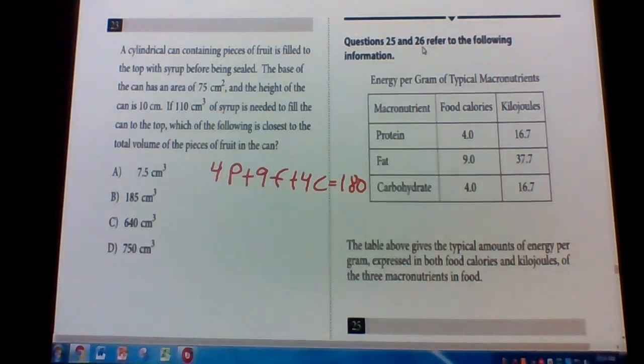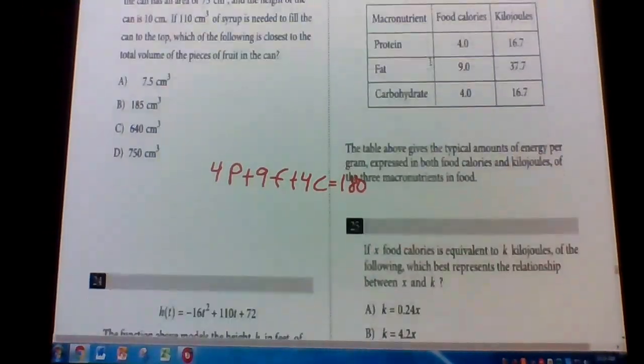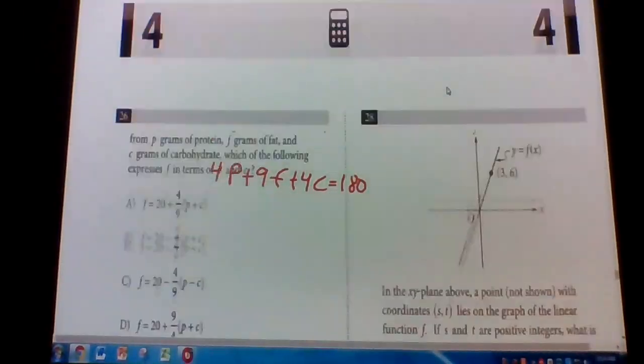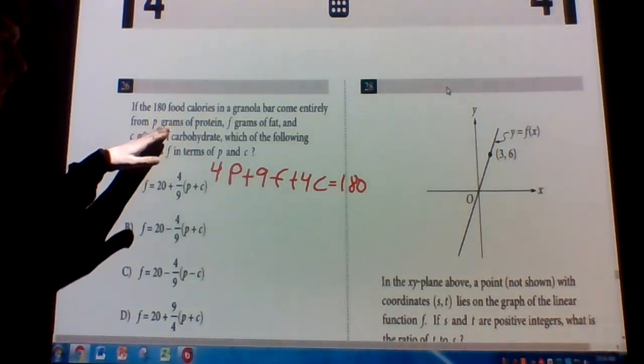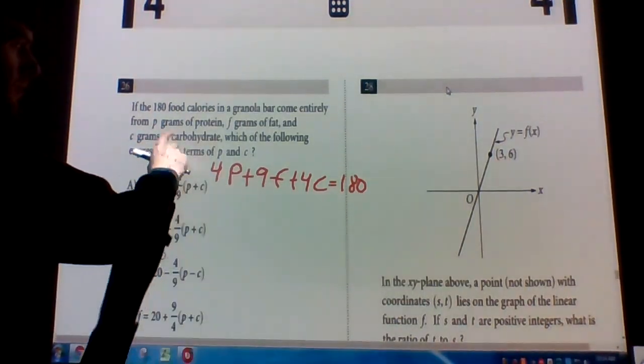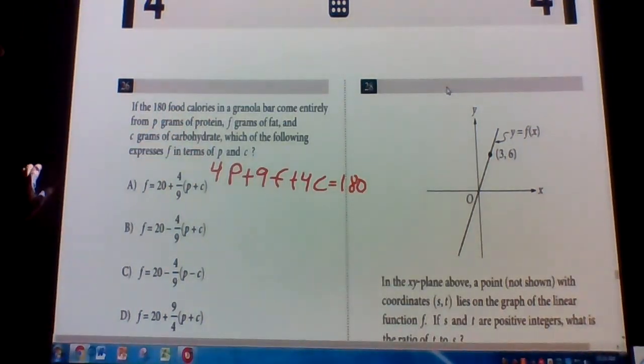And if we go back to 26, right, it tells us P grams, so we don't know what the multiplier here is. But we know it's something.